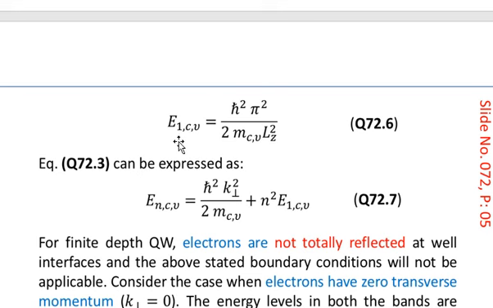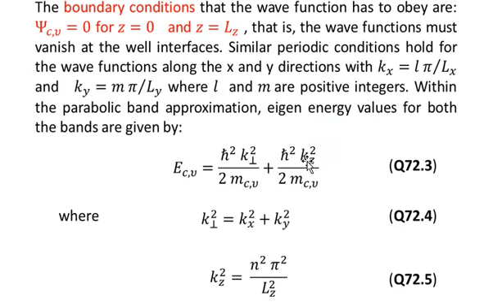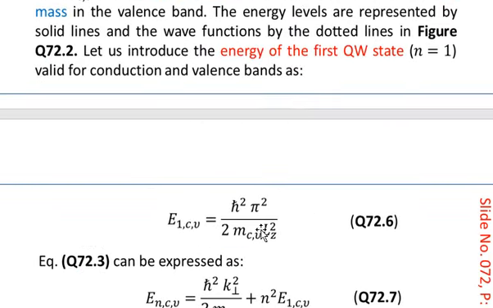So we have E1 with the CV subscripts equal to h bar square pi square over 2 mCV multiplied by Lz square. Because in this expression we have substituted the value of kz, which is n square pi square over Lz square, and we have replaced n by 1, and the rest of the quantities are written over here.